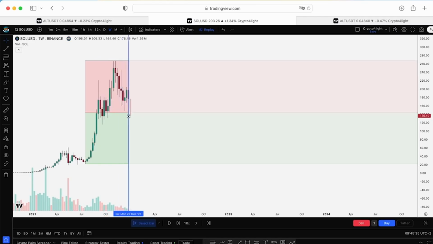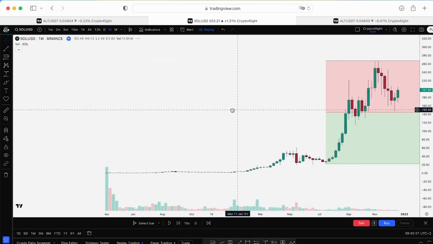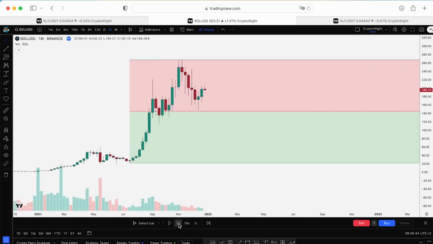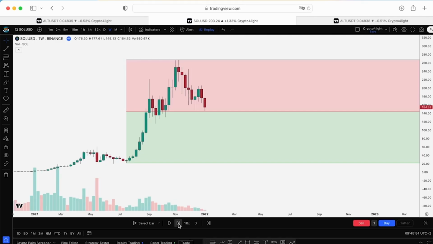And here, take a look at how the price reacts in the moment exactly at equilibrium. When we see that reaction, it means we identified the levels correctly. I guess, yes, take a look.